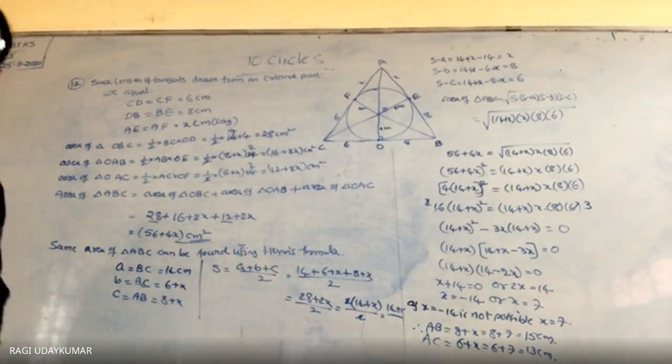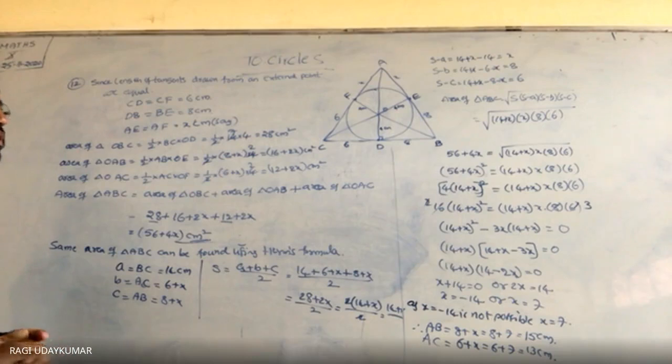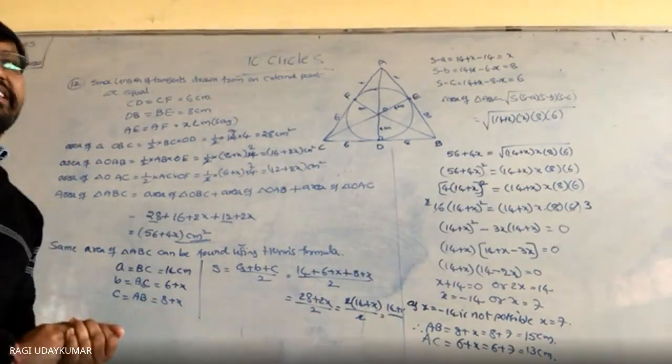इसमें क्या करना है? What can be done here? What we need to do here normally? We have to find the area of triangle ABC in two different ways.